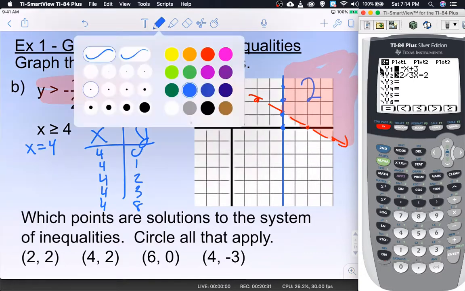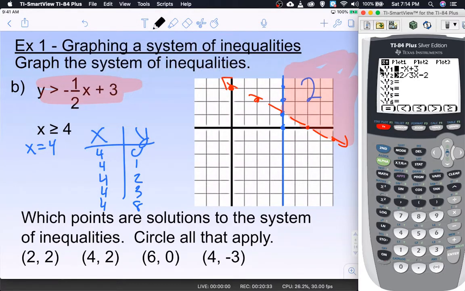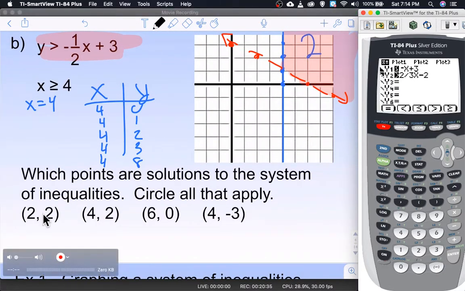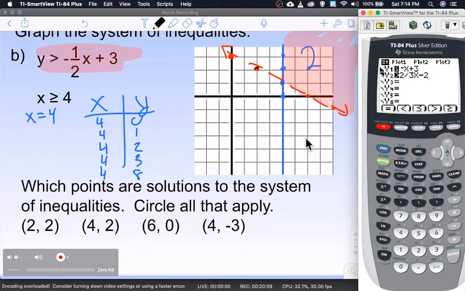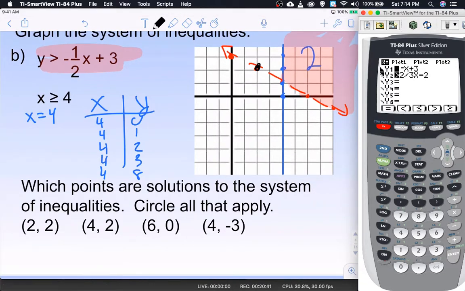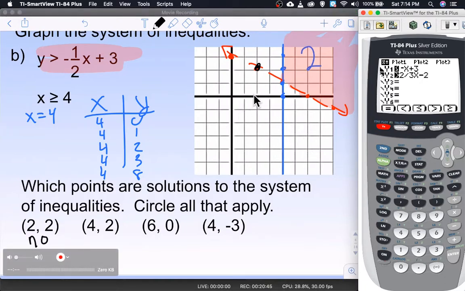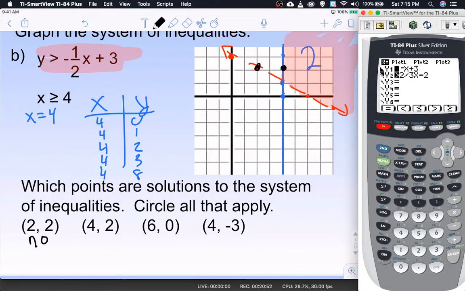Now, if we do the same thing we did previously, we're looking for which of these points here are solutions to the system of equations. So if I start plotting, (2, 2), no, it's not in the shaded region. (4, 2), (1, 2), (3, 4), (1, 2). That's a tricky one.